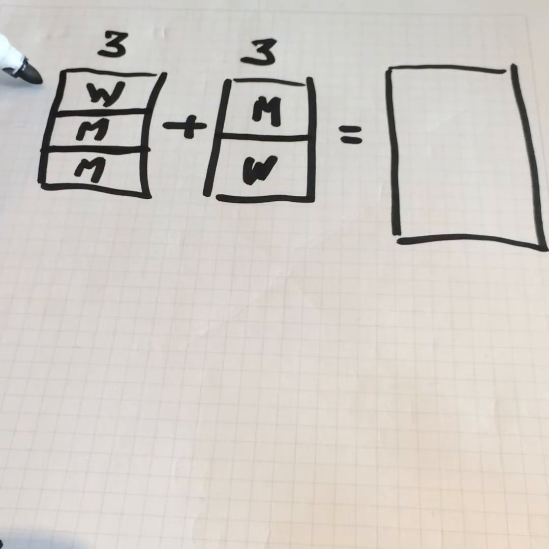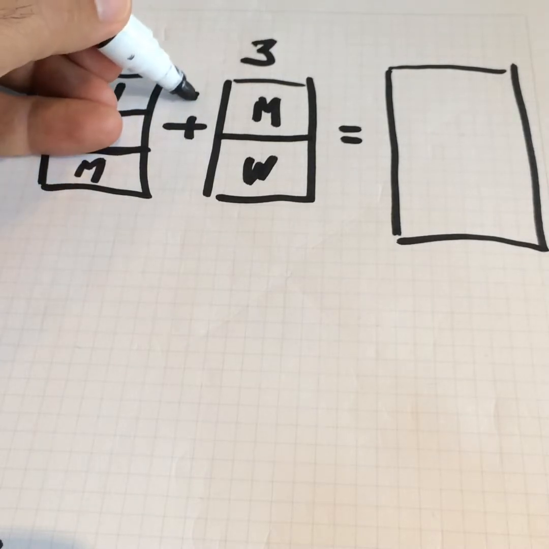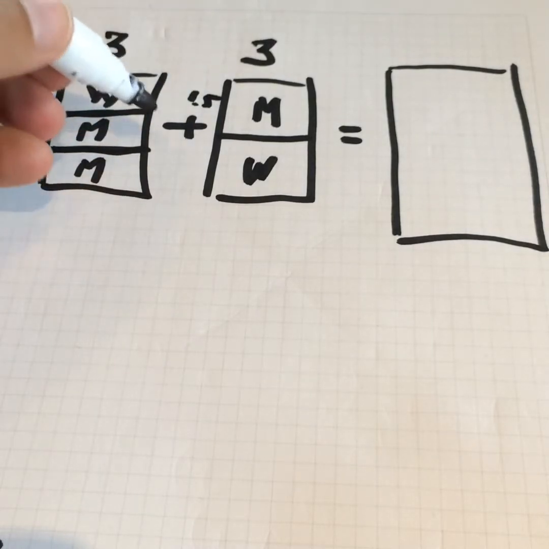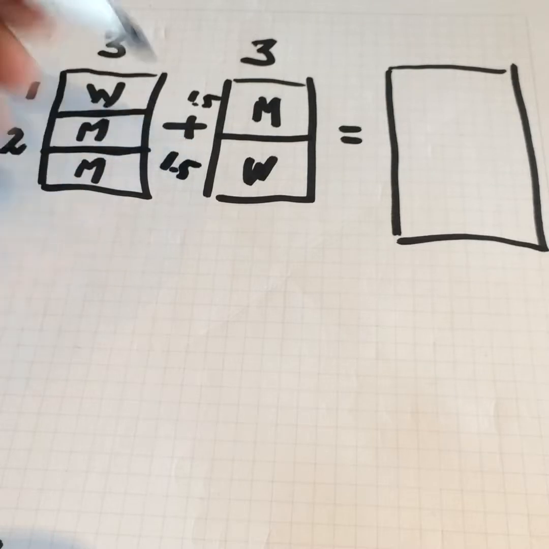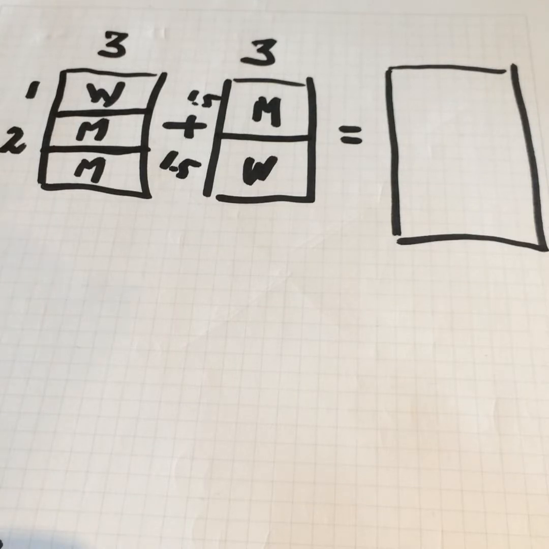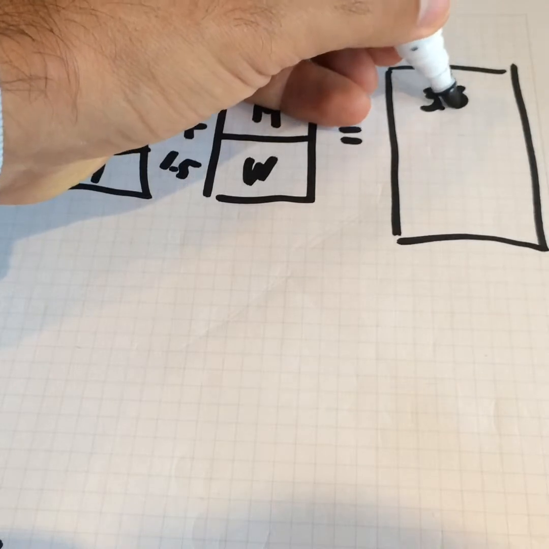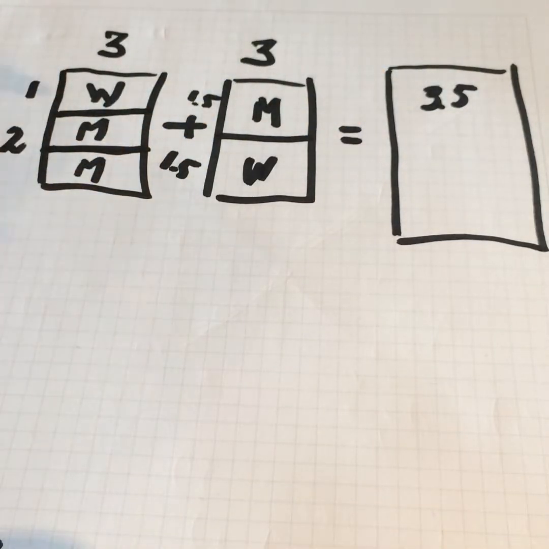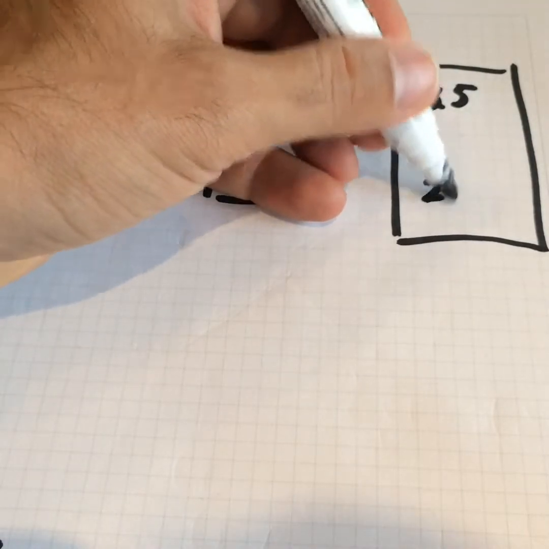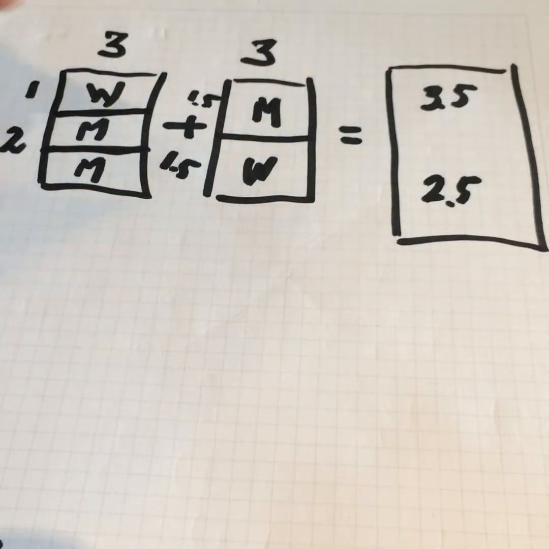That means that there's 1 unit of water, 2 units of milk in this glass, and 1.5 units of milk here to 1.5 units of water. So when we add those units together, what do we get? We get 2 plus 1.5, or 3.5 units of milk and 2.5 units of water.